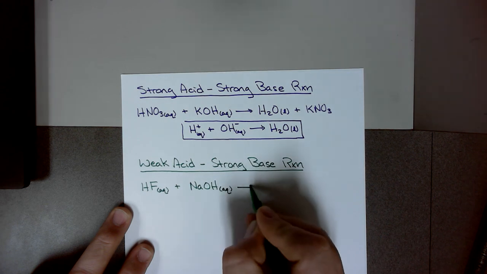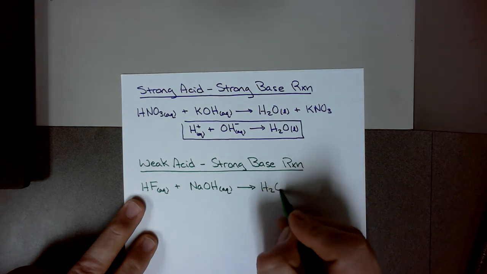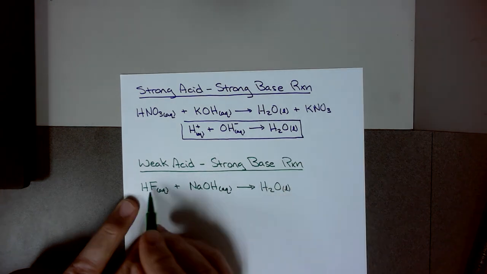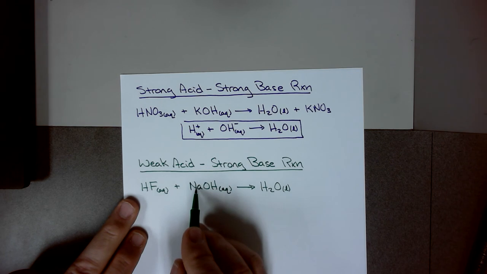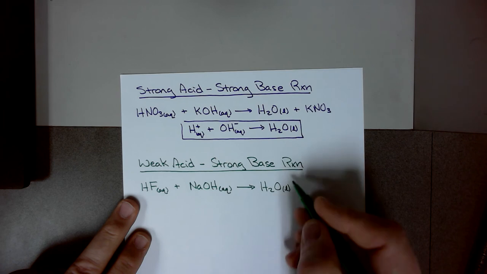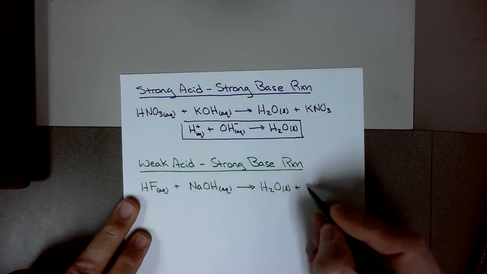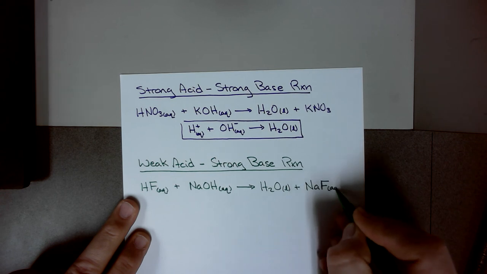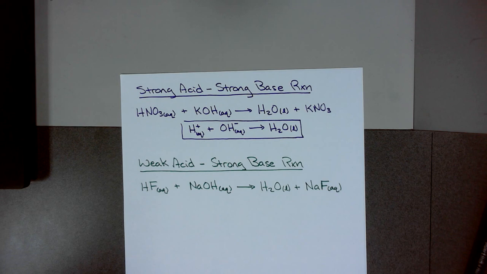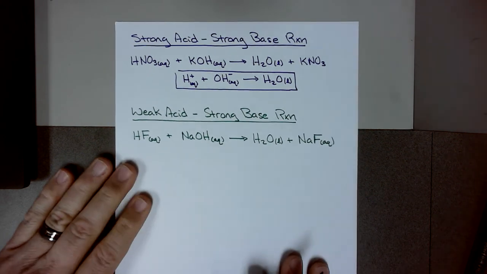And you get water again, because remember the H plus goes with the OH minus and the Na plus goes with the F minus, plus in this case NaF, sodium fluoride, aqueous.